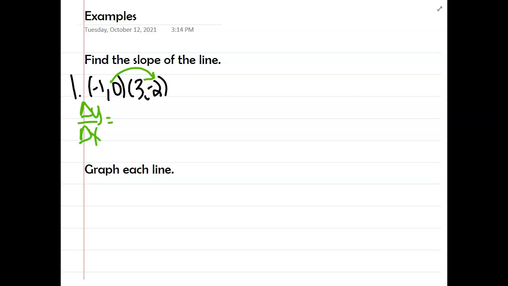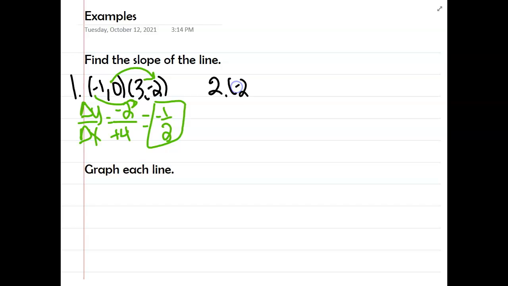So from 0 to negative 2 would be minus 2. And then for your change in x, from negative 1 to a positive 3, so this time it's going in the positive direction. So it would be plus, and what's the distance from negative 1 to 3? Plus 4. Now remember, for slope, we want to make sure we write our answer in simplest form. So negative 2/4 would reduce down to negative 1/2.